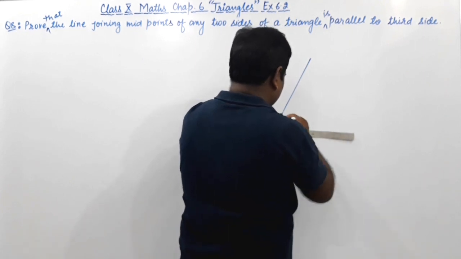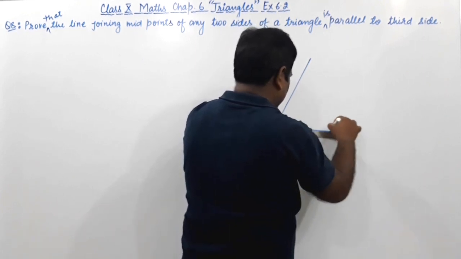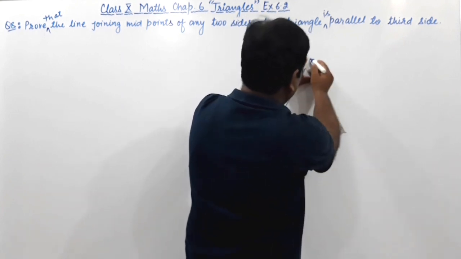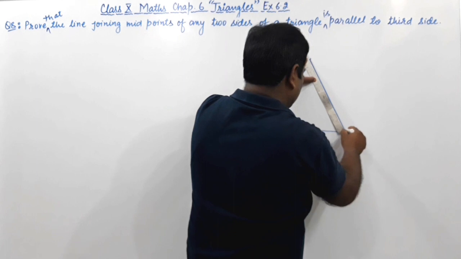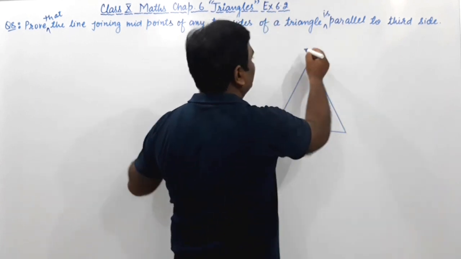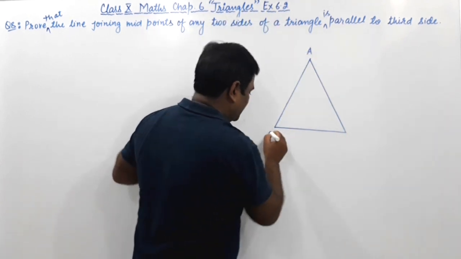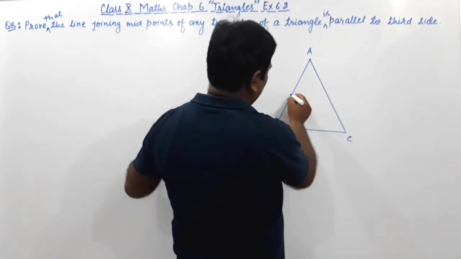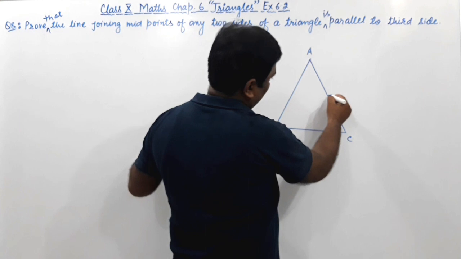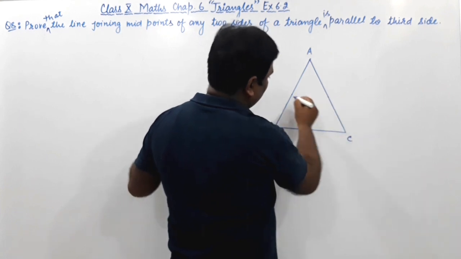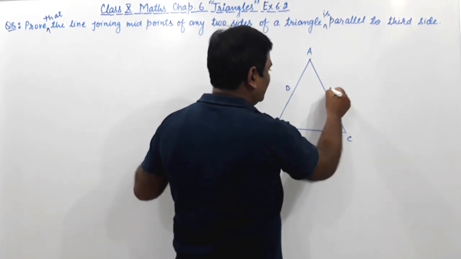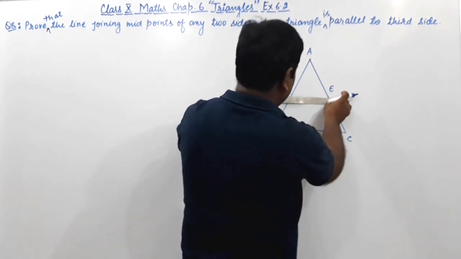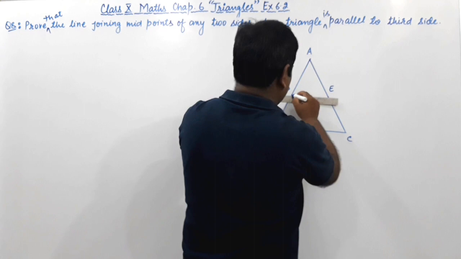So this is your figure, triangle ABC. Take the midpoint of AB and the midpoint of AC. Say these are D and E. Join the line passing through these two midpoints.